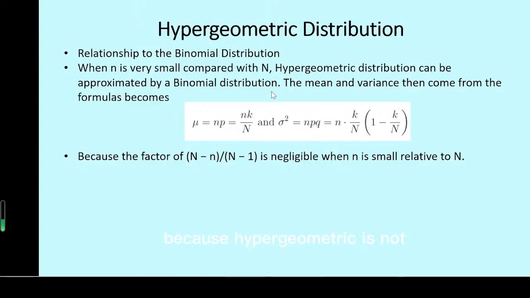Because hypergeometric sampling is non-repeated, which means each time you select an item, you do not put it back.